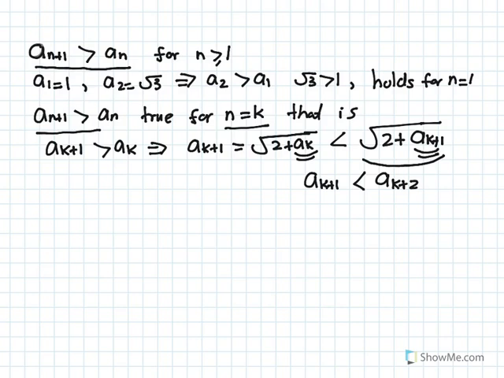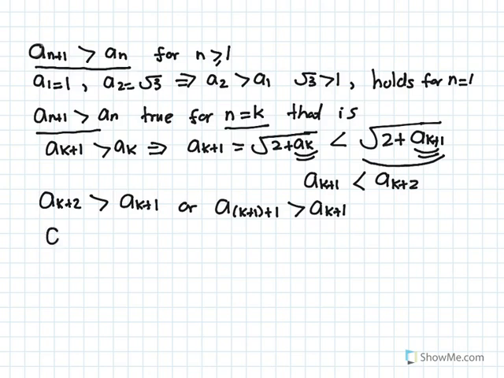Or equivalently, we can write this as a_{k+2} larger than a_{k+1}, to show that this is an increasing sequence. So what we have shown is that a_{n+1} is larger than a_n is true for n equals k plus 1.